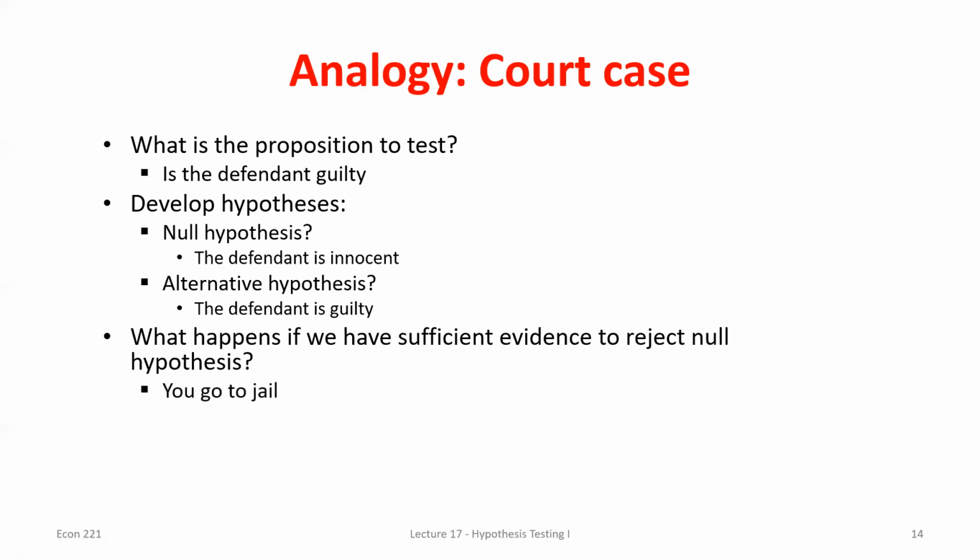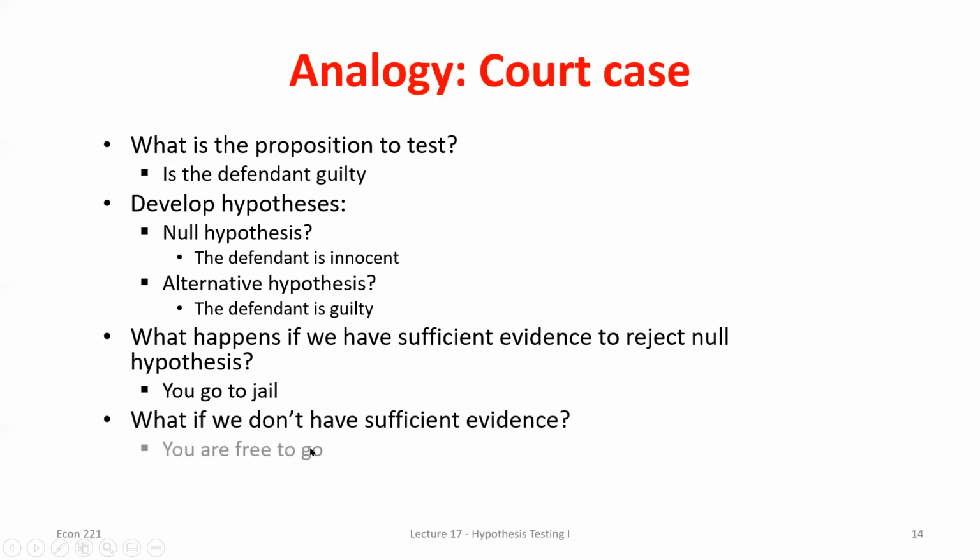Reject they're innocent. If we don't find enough evidence, or maybe we find evidence that supports the null, like you had an alibi, you don't have a motive, in fact, you actually like this person, and the murder weapon's found in somebody else's home, well, then you have evidence that supports the null that you are innocent, and you go free, right?